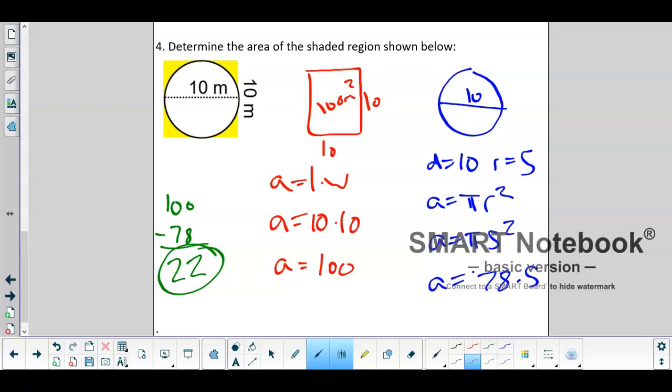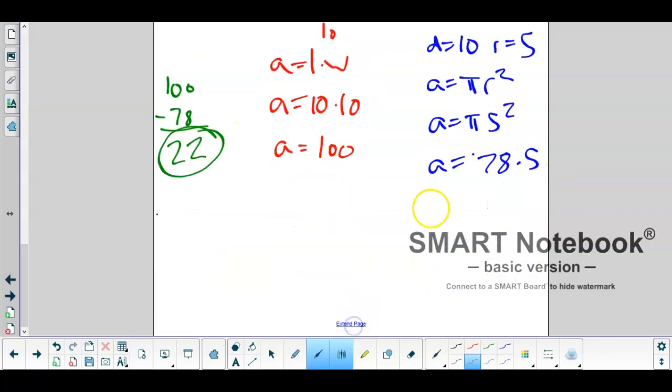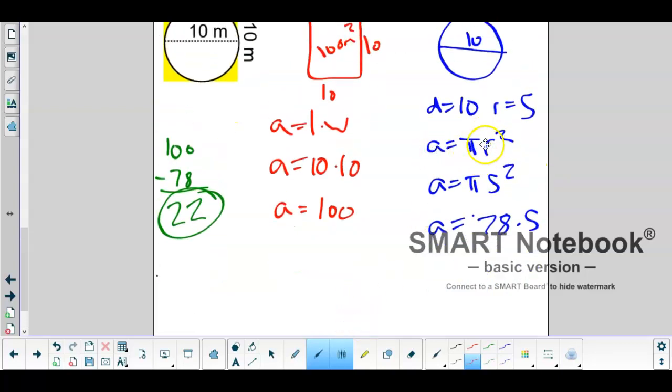But there was also a circle, and we were taking that area out of it to find just the corners in yellow. So again, all I did was draw a circle. I labeled what they gave me, which was my diameter of 10 meters. I said that I know that if my diameter is 10, my radius would be 5. I'm using my area formula for a circle, so area is equal to the radius to the second power times pi.